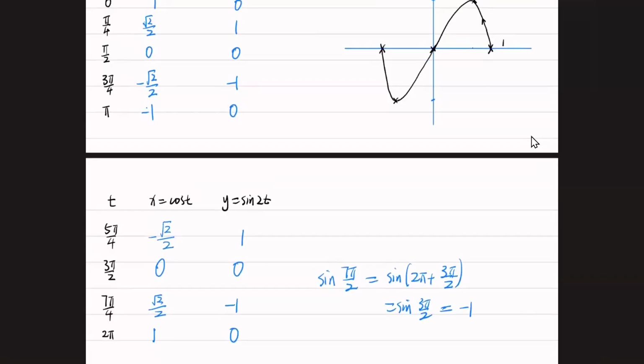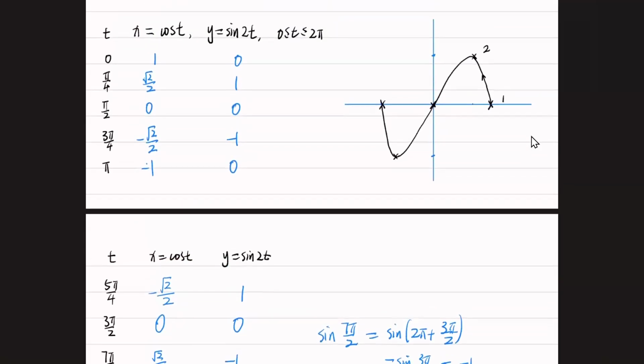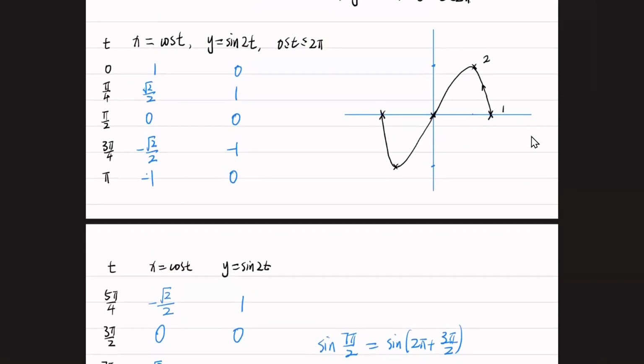Who is next? Maybe Sophia. Now we move. Where is this point? X is negative square root 2 over 2, y is 1. Which quadrant? Second, okay. It'll be somewhere over here.